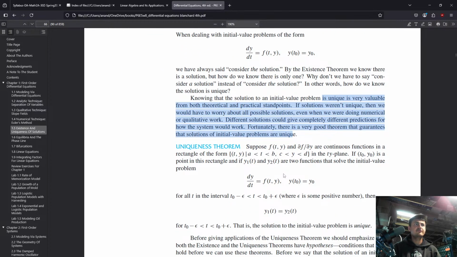Suppose f of t and y, and the partial of f with respect to y, are continuous in the domain.